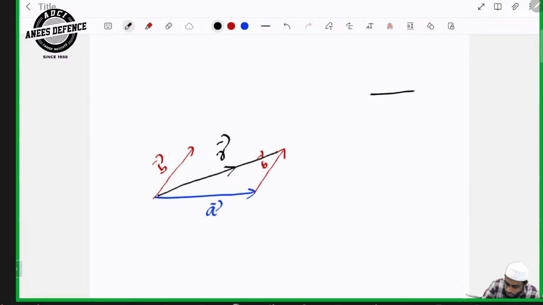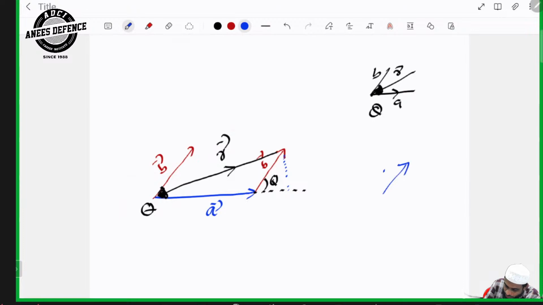That is the normal case. So if this is A and this is B, the resultant is R. The angle between A and B is theta. Understood? Here also the angle between A and B remains theta only. But here you can resolve this vector into two components.